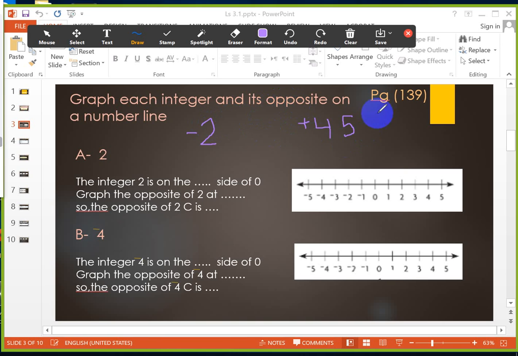So in positive quantities I can put the plus sign or I can leave it out, and it will give me the same idea.